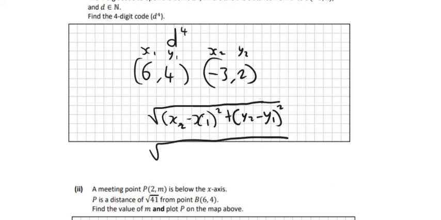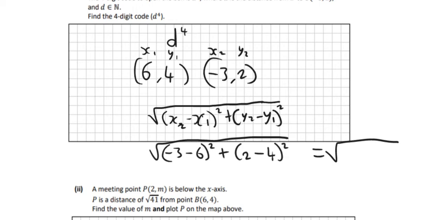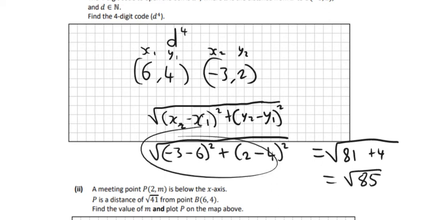So that's -3 minus 6 squared plus y2, which is 2 minus 4 squared. If you put it all in together, you'll get 81 plus 4, so root 81 plus 4, which is root 85. So that is what d is.